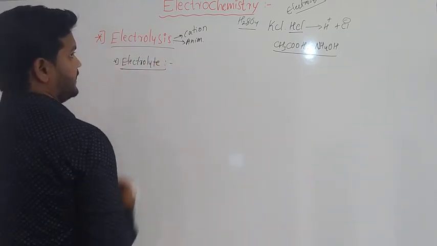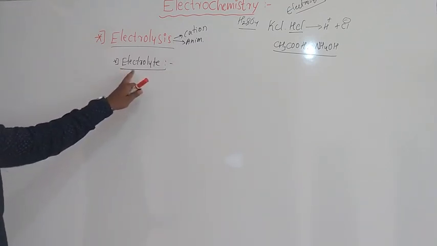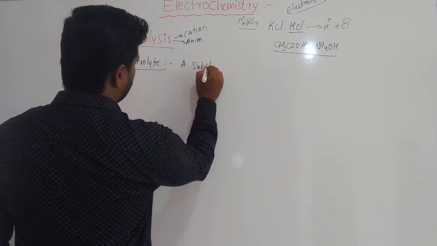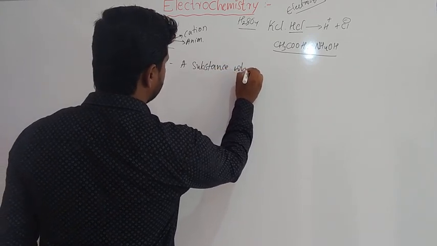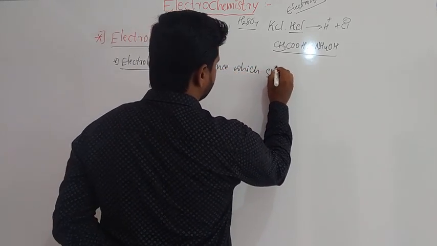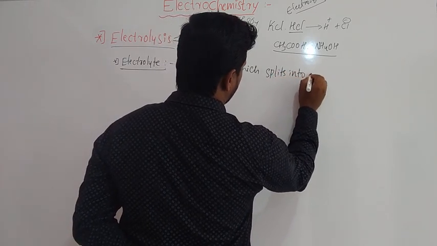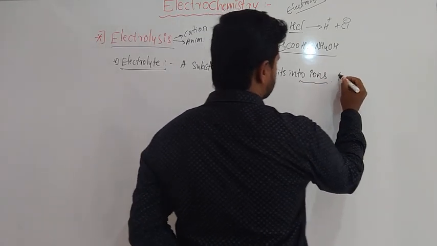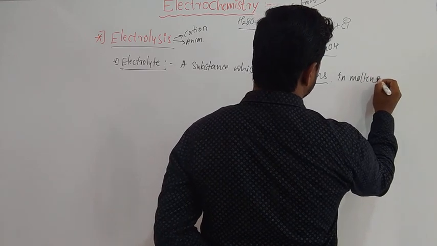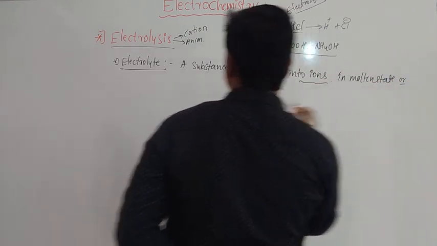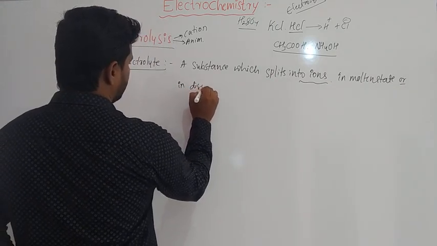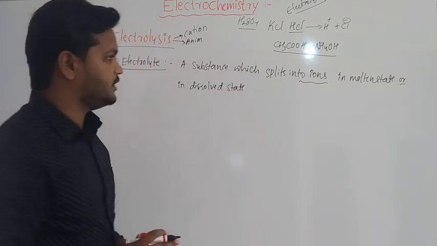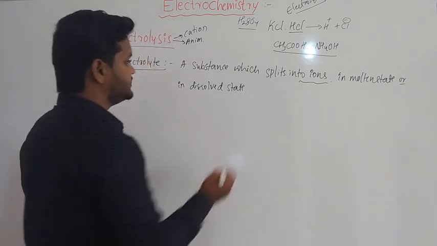The definition of electrolyte: an electrolyte is a substance which splits into ions in a molten state or in a dissolved state by passing electricity.